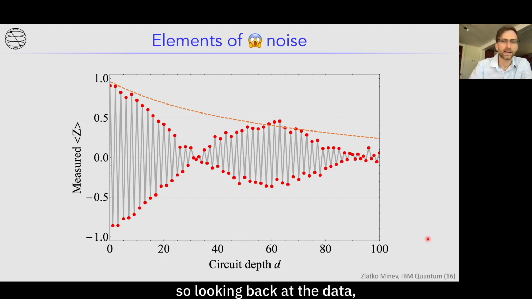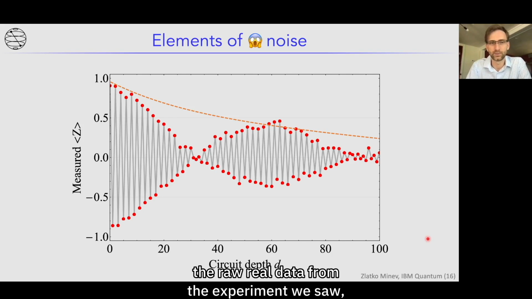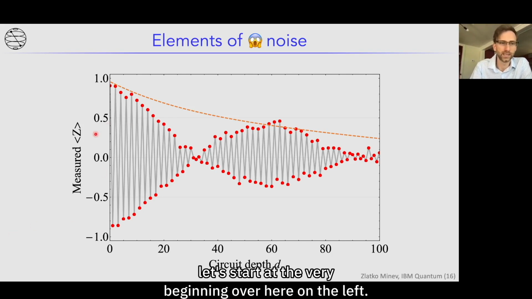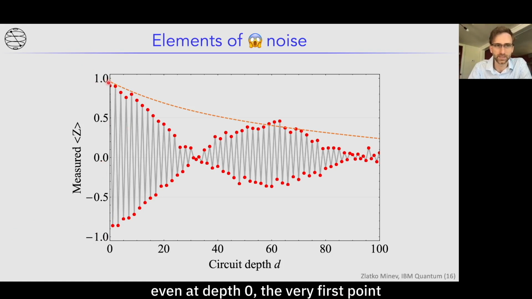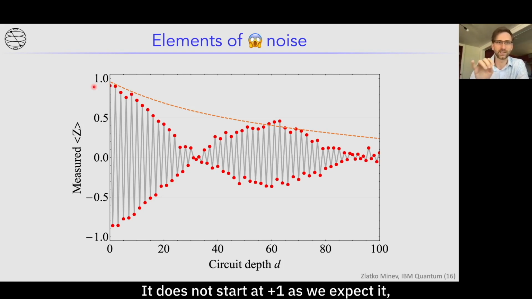So looking back at the data, the raw, real data from the experiment we saw, let's start at the very beginning over here on the left. You can see that unlike our theoretical prediction, even at depth 0, the very first point already disagrees with our prediction. It does not start at +1 as we expected.